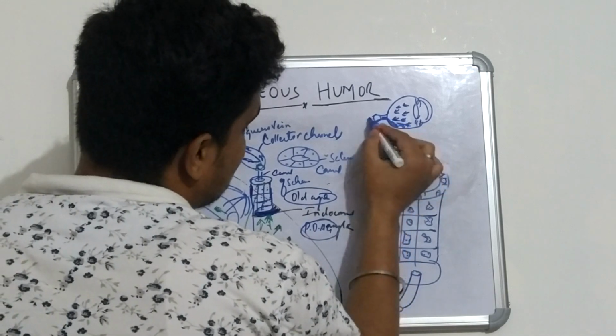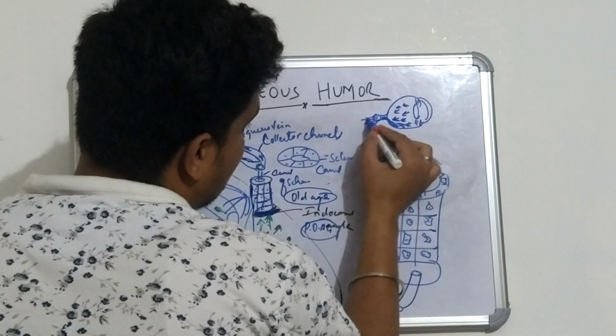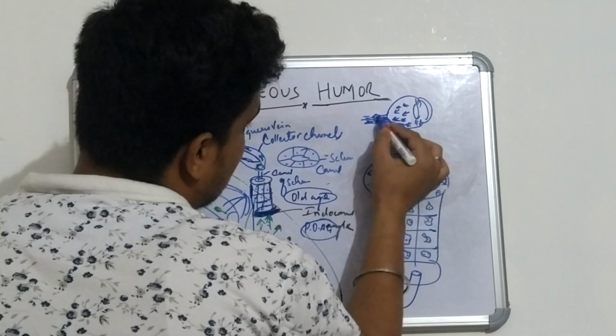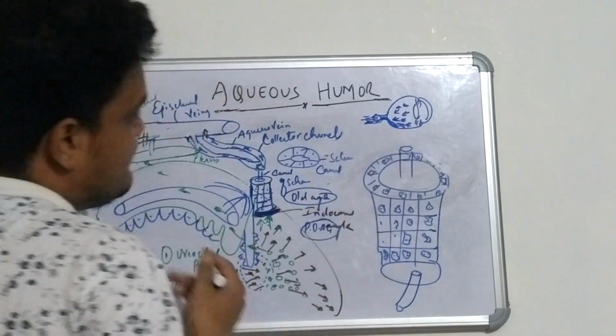The ganglionic cells are present here, and here is the optic nerve, and through the lamina cribrosa these optic nerves are passing.